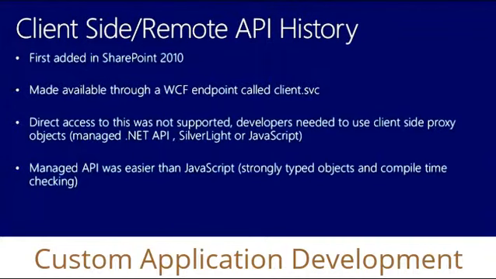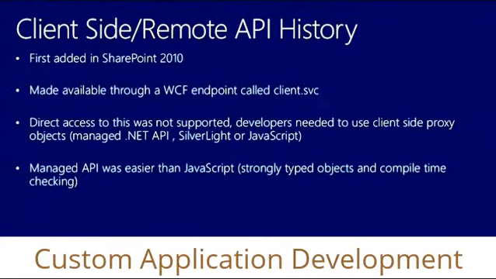Certainly there are proxy objects around that in the form of a Silverlight API, a JavaScript API, and a .NET managed code API. And our developers, even in our own team, tell me they still spend a lot of time on the .NET API because they have strongly typed objects, they have compile time checking, and they don't need to find out at runtime that there's something wrong in their JavaScript.